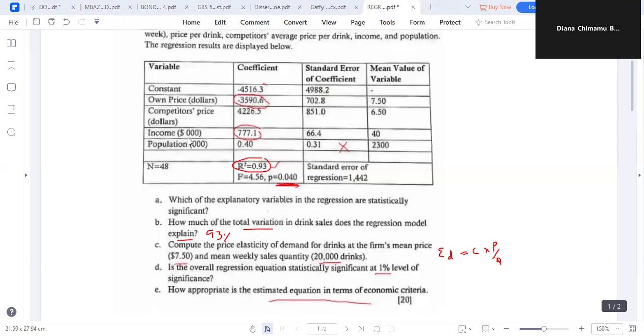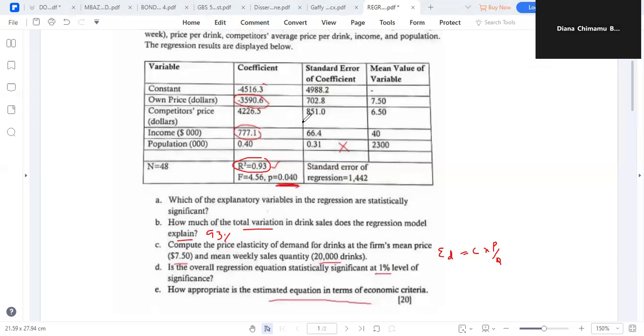On price, what is the coefficient? Negative 3,590. Negative 3,590. Okay? Negative 3,500 and 90.